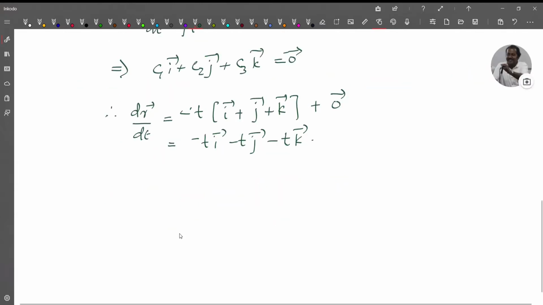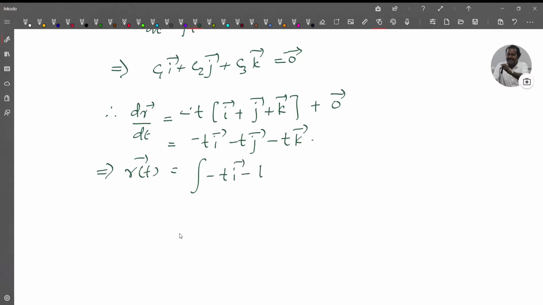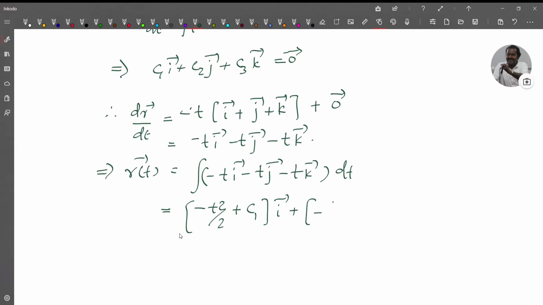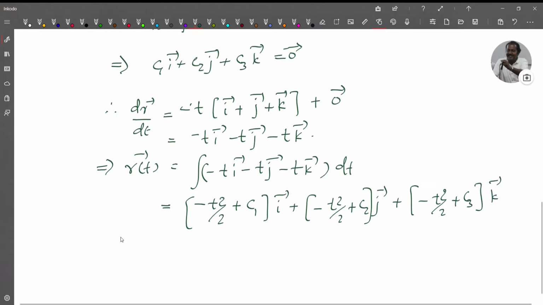So this implies r of t equal to integral minus ti minus tj minus tk dt. So this is equal to minus t square by 2 plus c1 i plus minus t square by 2 plus c2 j plus minus t square by 2 plus c3 k. Take this as equation 2.